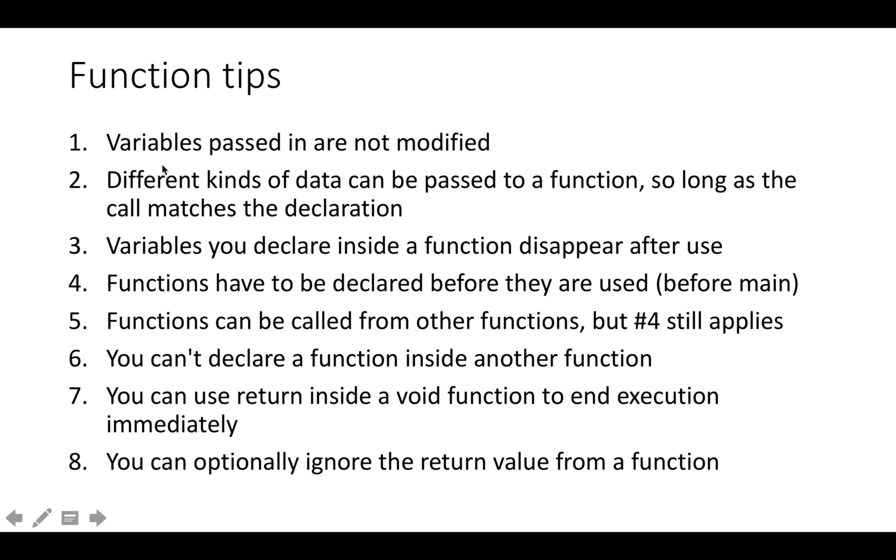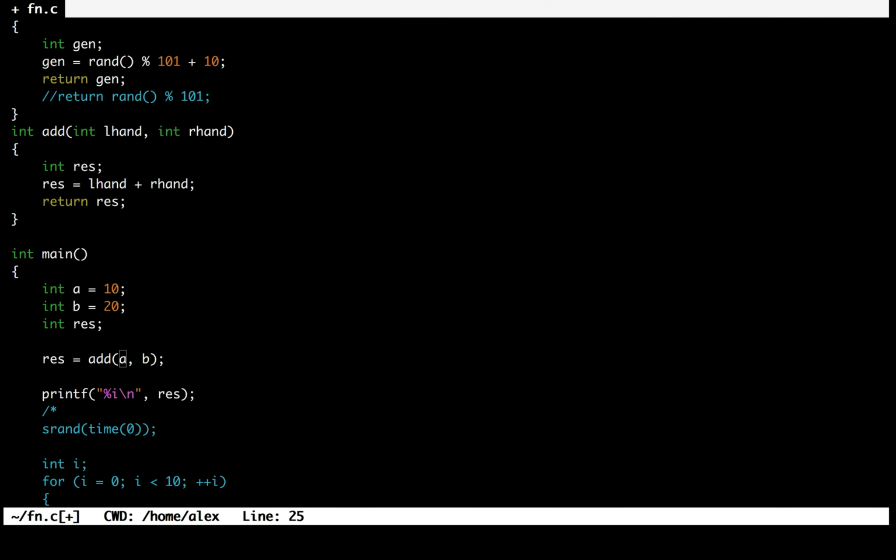So the first thing that we need to think about is that variables passed in are not modified in our functions. What I'm saying by that is, we provide this value of a. Whatever is stored in a is then stored in this LHand variable, and then that's usable inside here.